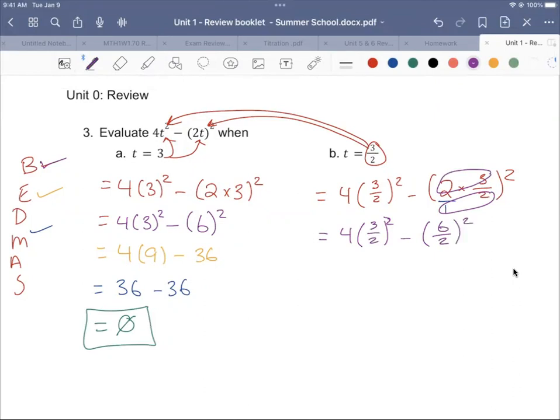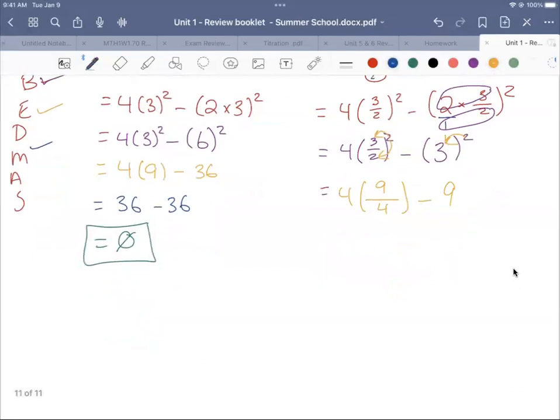squared. Now I am going to simplify this down in the next step, and what's going to end up happening is, 6 divided by 2 is 3. So this means now in my next step where I have my exponents, I'm going to bring my exponent through to my numerator and my denominator, which will give me 4 times 3 to the power of 2 is 9 over 2 to the power of 2 is 4 minus 3 to the power of 2 is 9.